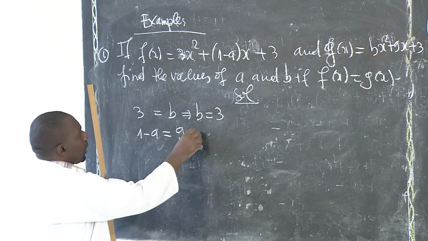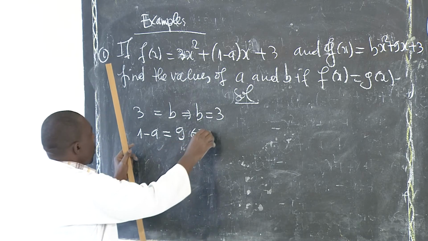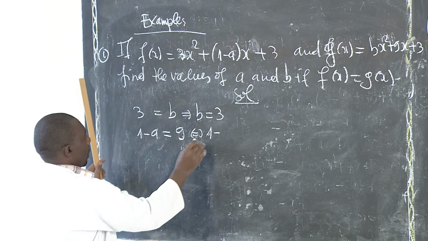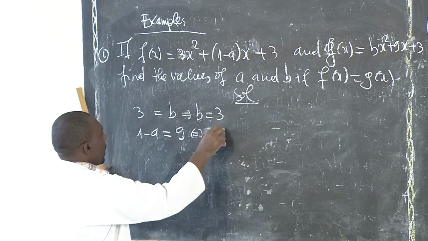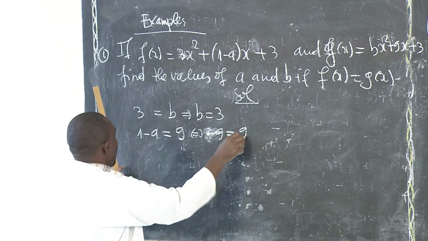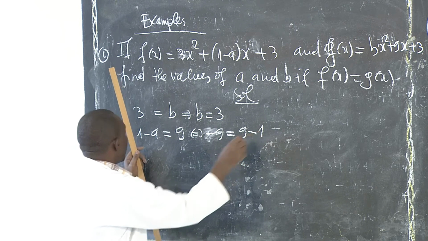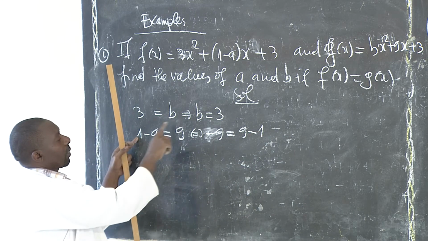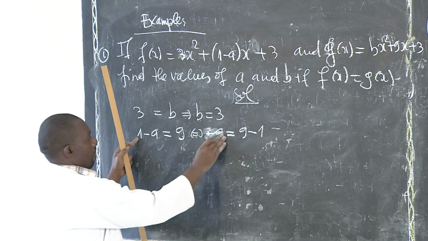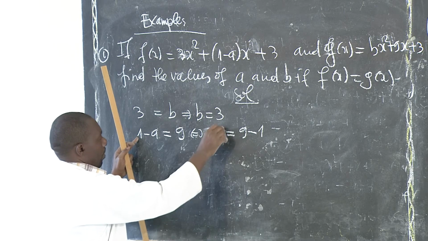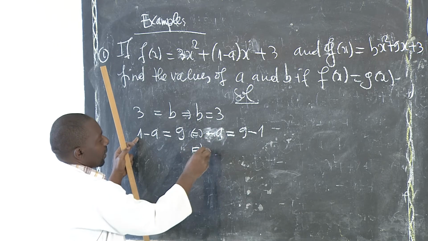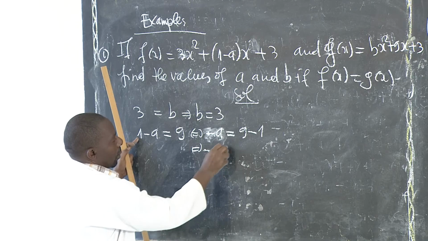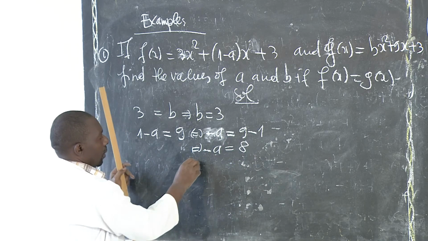And solving this, we have minus a, which is equal to 9 minus 1. So we move the 1 to the right-hand side. Then minus a is equal to 8.